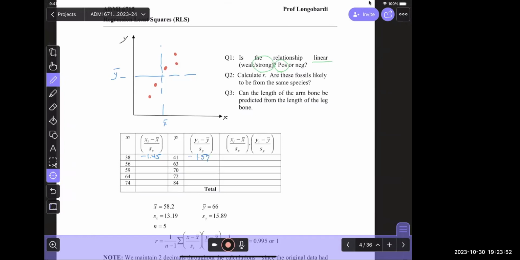Okay, so we see that when X is below its mean, Y is also below its mean and in about the same magnitude. So they're trending together. When you multiply these, what do you get? 2.28.